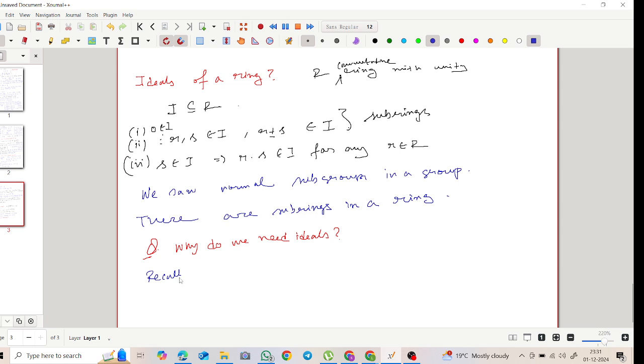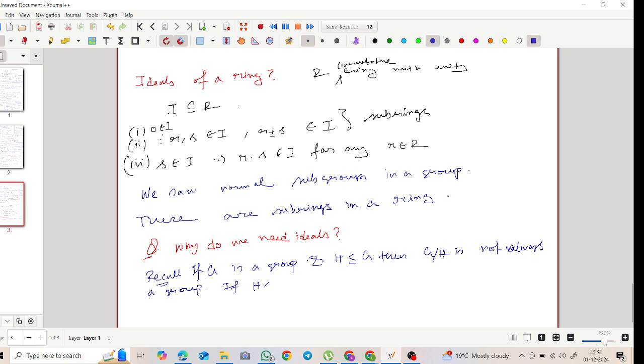Recall that if G is a group and H is a subgroup of G, then G mod H is not always a group, right?